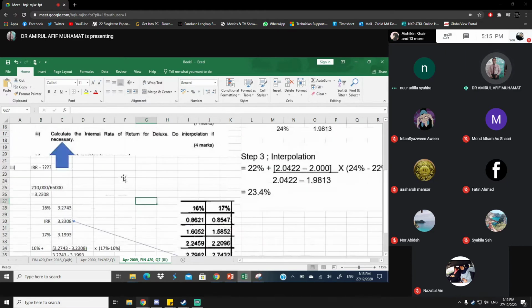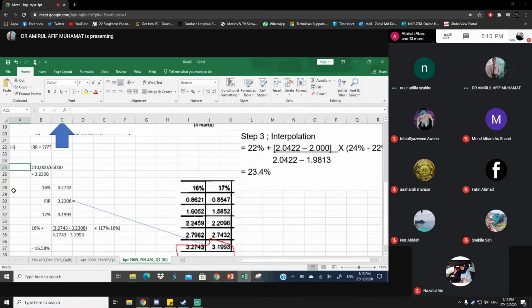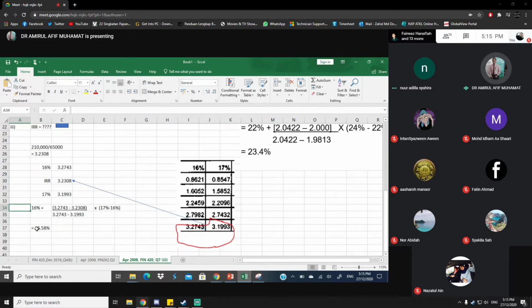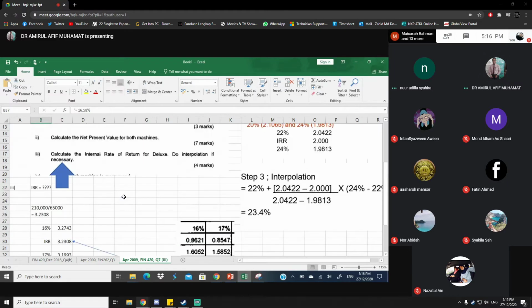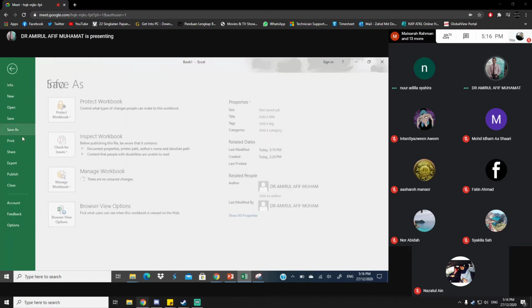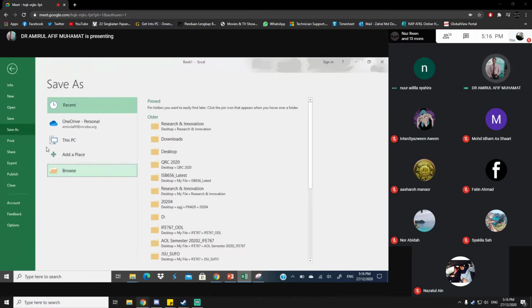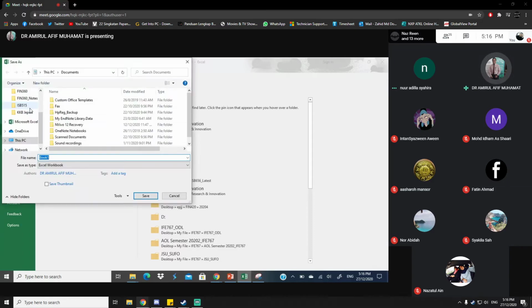Dia ada 3 step yang you can tahu. This is the first step, second step, third step. And then you will get 16.58%. Okay? So that is the interpolation. Ada sebarang soalan? We are almost nearing the end of the session.